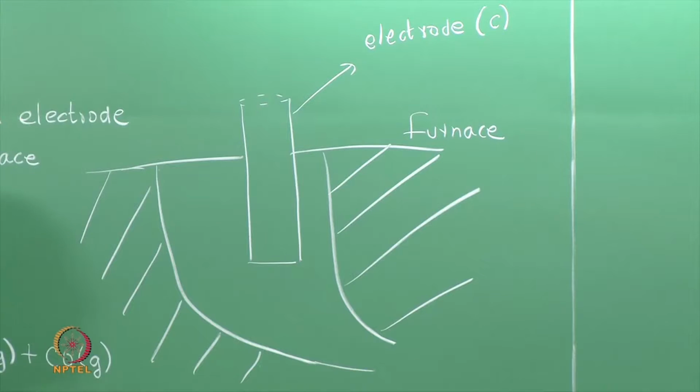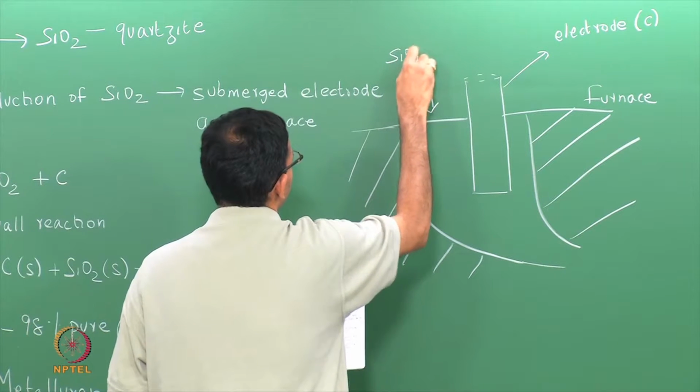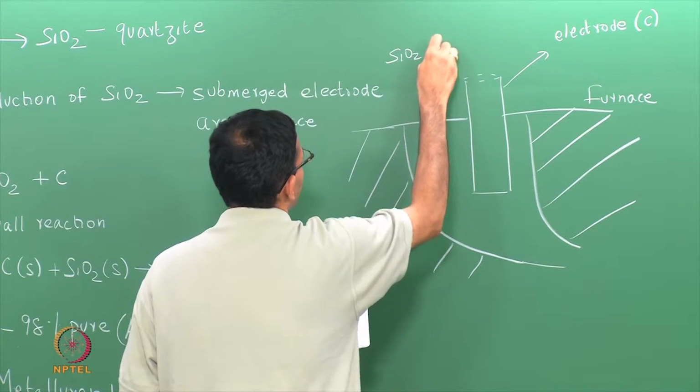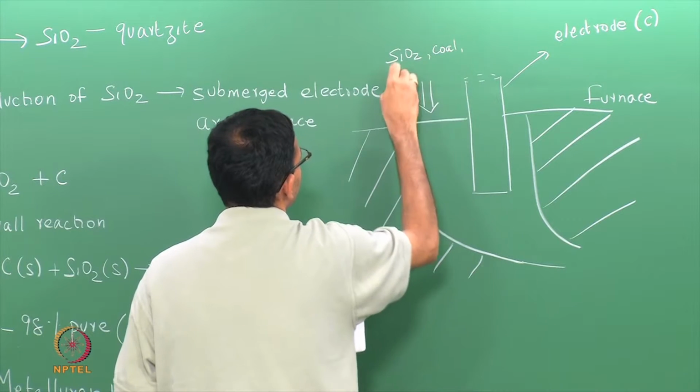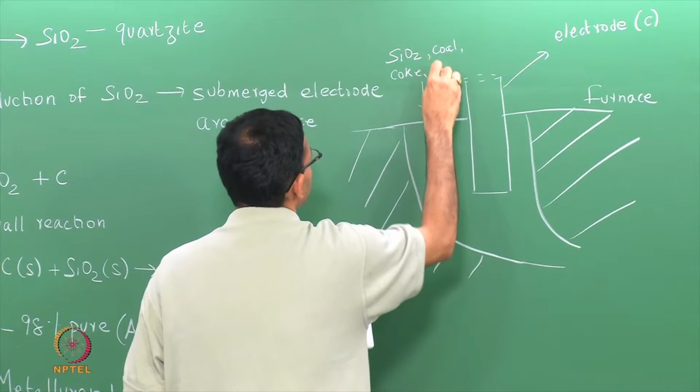So, the input to your furnace is quartzite along with carbon. So, SiO2. Carbon is taken in the form of coal, coke, wood chips.